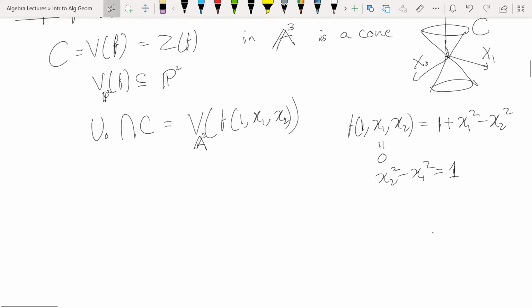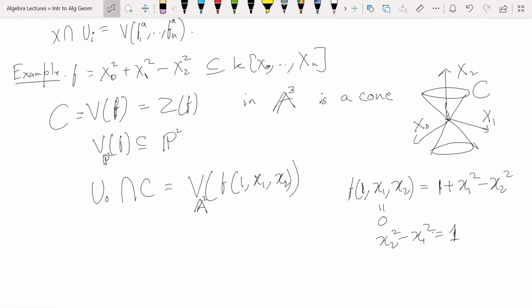If you consider U1 intersection C, that means C minus the locus where x1 is not equal to 0.